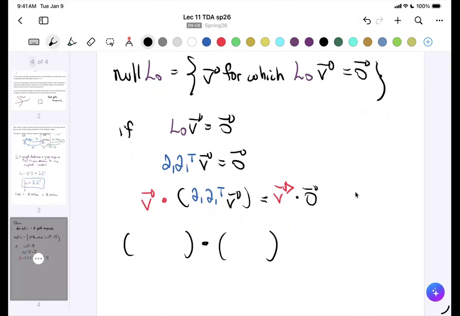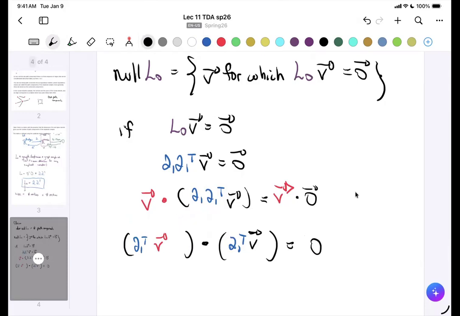But there is a penalty or trade-off, which is that in this case, I decided I want to move this matrix to the other side, but the price for moving it to the other side is that you transpose it. And on the right hand side, the dot product of anything with the zero vector is just zero, right? Is that okay? So far, so good.